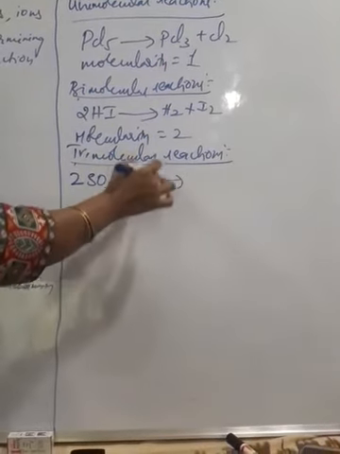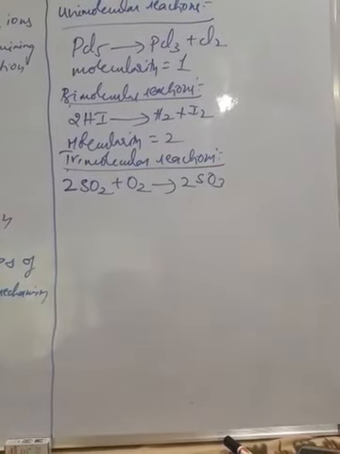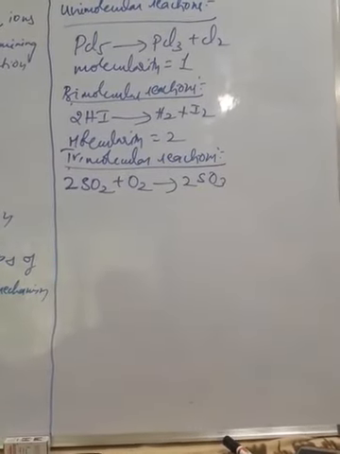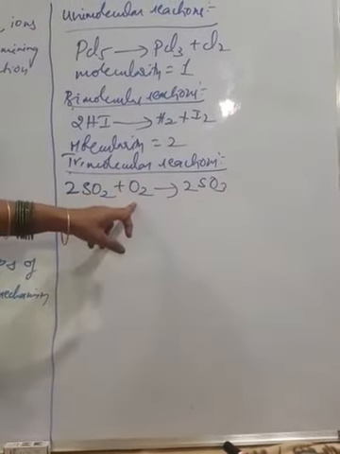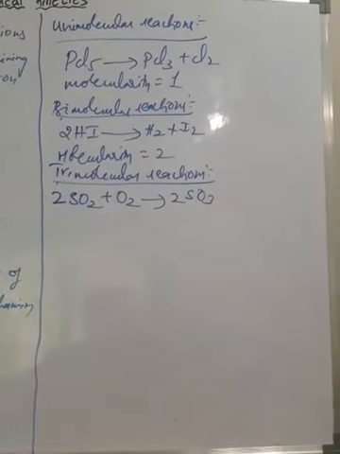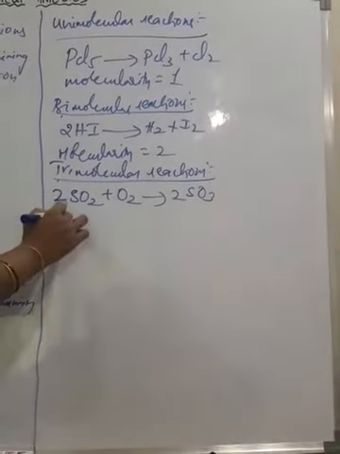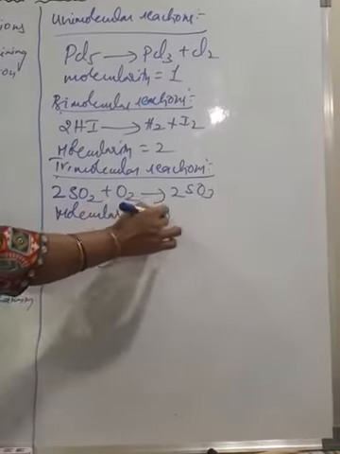Sulfur dioxide reacts with oxygen, forms sulfur trioxide. So in this reaction, 2 molecules of sulfur dioxide react with 1 molecule of oxygen and form 2 molecules of sulfur trioxide. So that's why the molecularity of the reaction is 3.